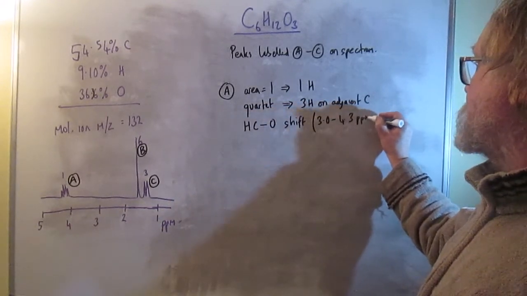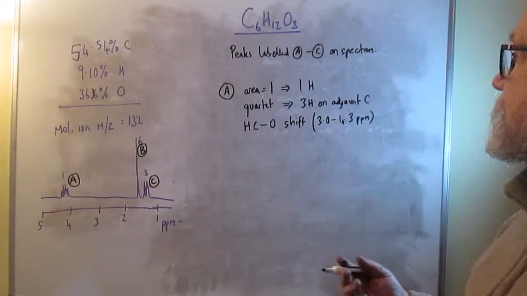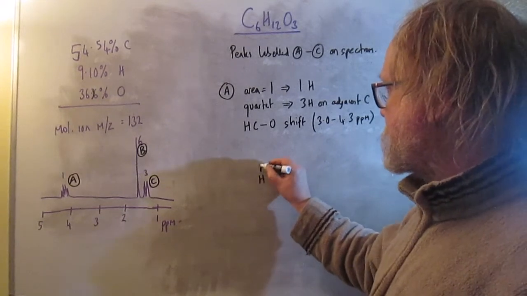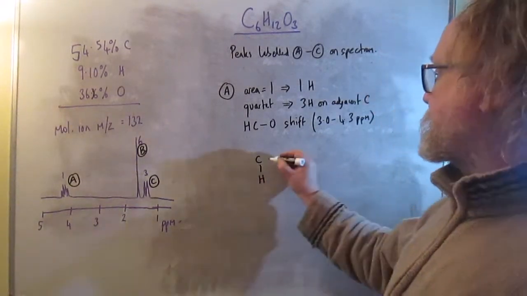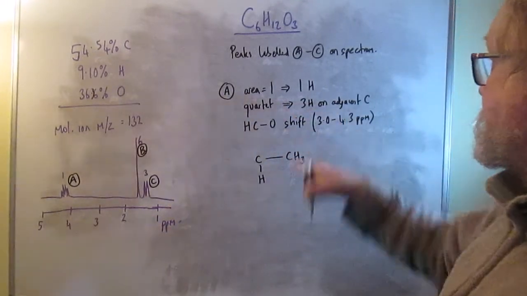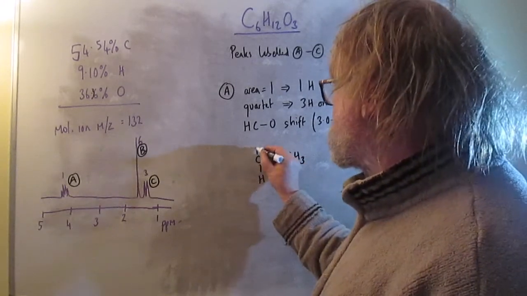So that information actually gives you a huge chunk of structure straight away, because we know that we've got a CH, we know that it's got a CH3 next door to it because of the quartet splitting, and we know that it has an oxygen attached to it.